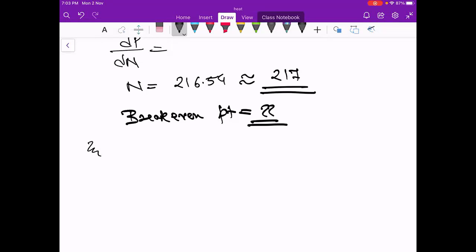This is a GATE question, but they have asked only the first part. The second part I am just giving to you for practice.